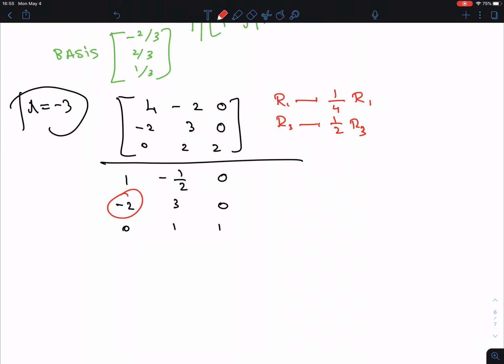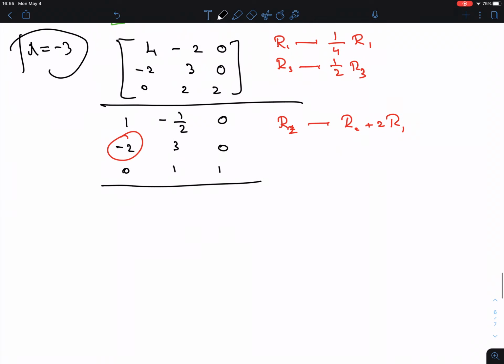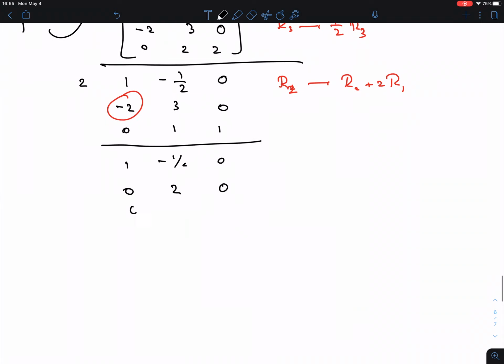I have to get rid of this guy, so row 2 is row 2 plus 2 times row 1. So I'm going to multiply this with 2, so I get 1 minus a half, 0, then I get 0 there, times 2, that's minus 1 plus 3, that's 2, and then just 0, well, that's not too bad, we didn't lose anything here, 0, 0, 1.